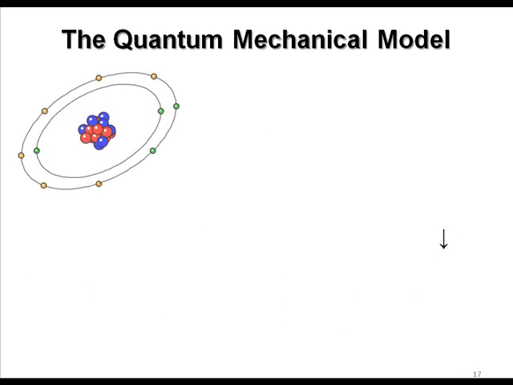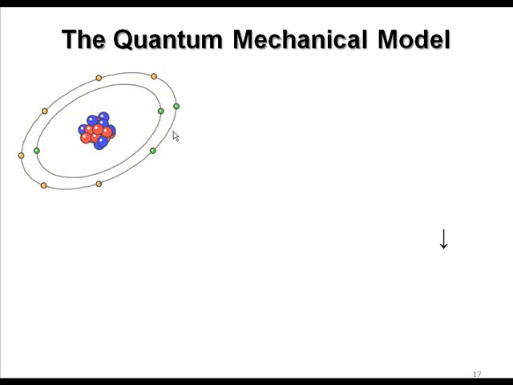So let's go back and review. Niels Bohr thought that the atom was a flat pancake and that the electrons go around like planets around the nucleus that has protons and neutrons. Each region was a shell, and there was a maximum number of electrons in each shell. There were 2 in the first.